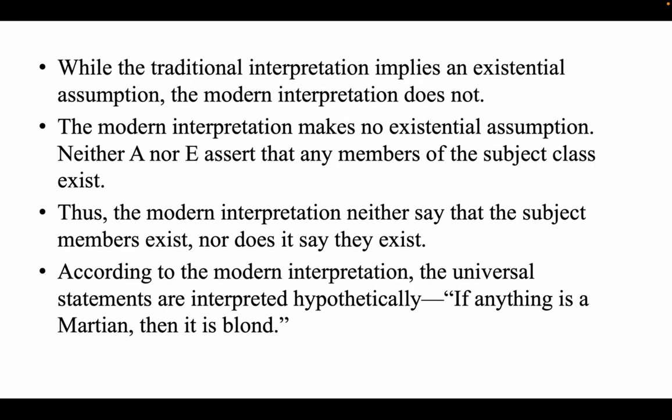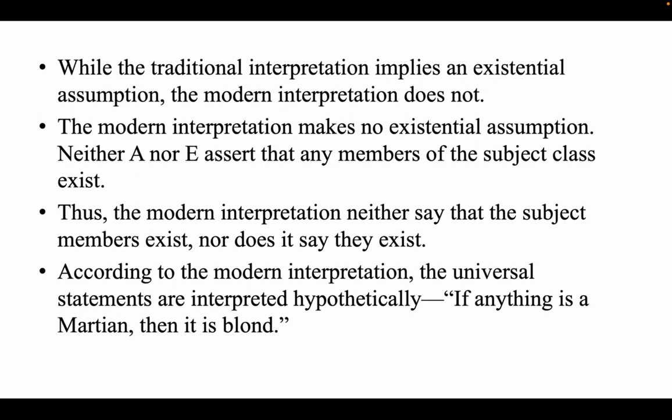Now, while the traditional interpretation implies an existential assumption, the modern interpretation does not make that assumption. The modern interpretation, rather, does not commit to the existence of the members of the subject class.